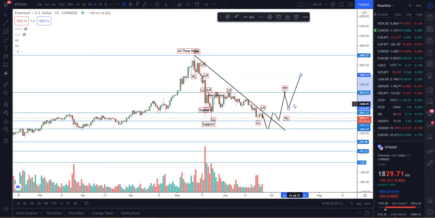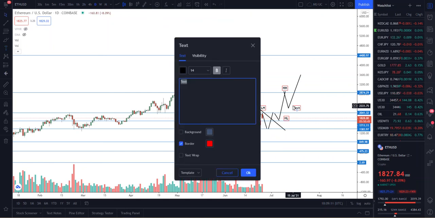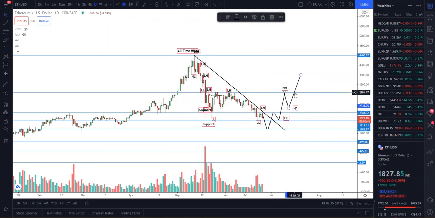So higher high, lower high, and then if you're looking for an exit, you know that your best bet might be the next level. You take some profit here, and then you can let the rest run. Then if it comes back down, you know it's going to look for another low here.